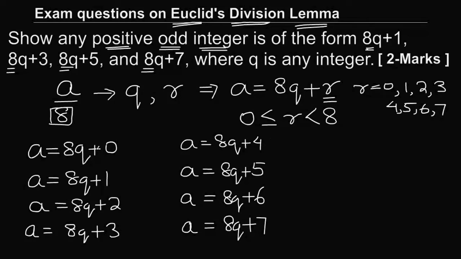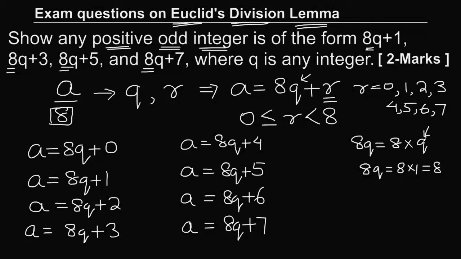Now one thing to look at closely here is that q can be any integer, right? But what can we say about 8q? Meaning 8q is simply 8 times q. So what happens if we take some values for q? Let's say if q is 1, what do we get? 8q becomes 8 times 1, which is 8.